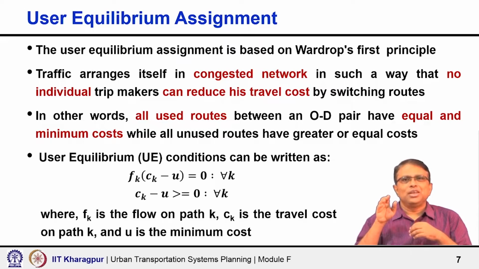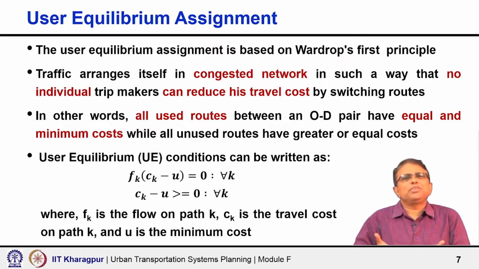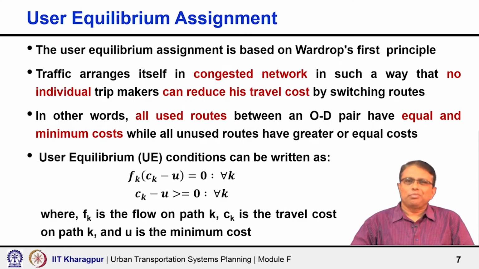If the unused route gave you a lesser cost, lesser travel time, then people would have shifted there. Then it is not equilibrium. But if I say it is equilibrium, that means any other unused route will have higher cost or maybe at best equal cost. So, I know that travelling by this route or by another route gives me the same time. But in all probability, it will be even higher cost.